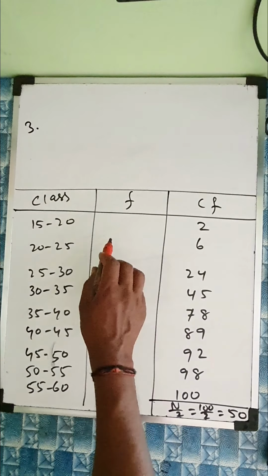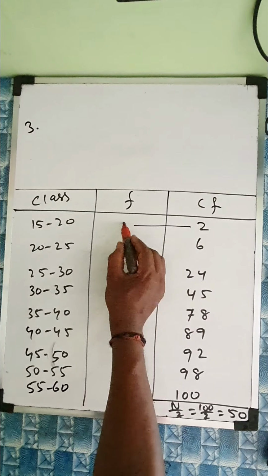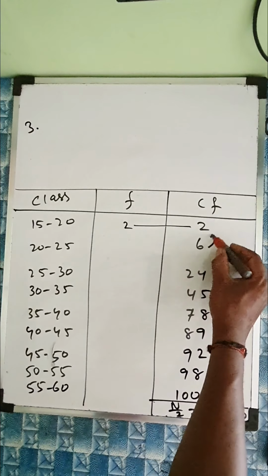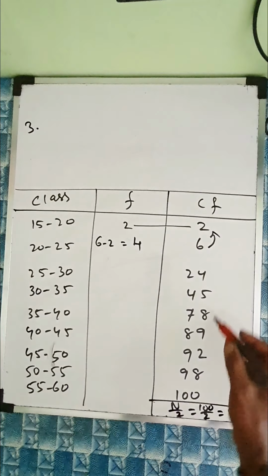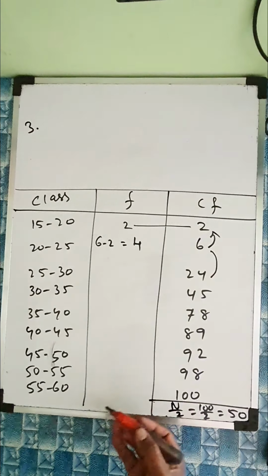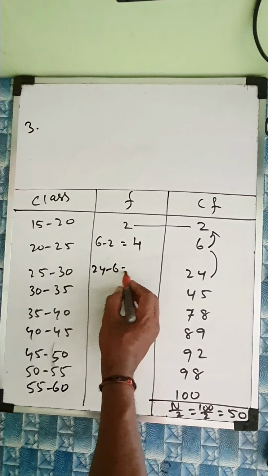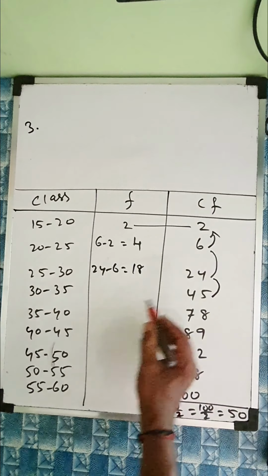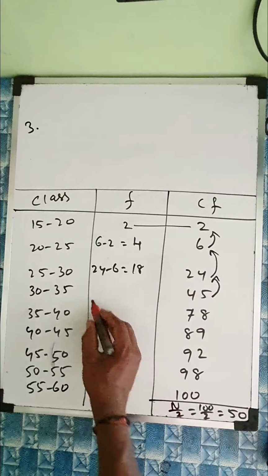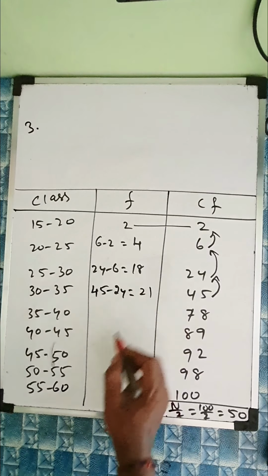So before, to get cumulative frequency we added, now we'll subtract. First we'll write the same 2. Now 6 minus 2 will be 4. 24 minus 6 is 18. Again 45 minus 24 is 21.